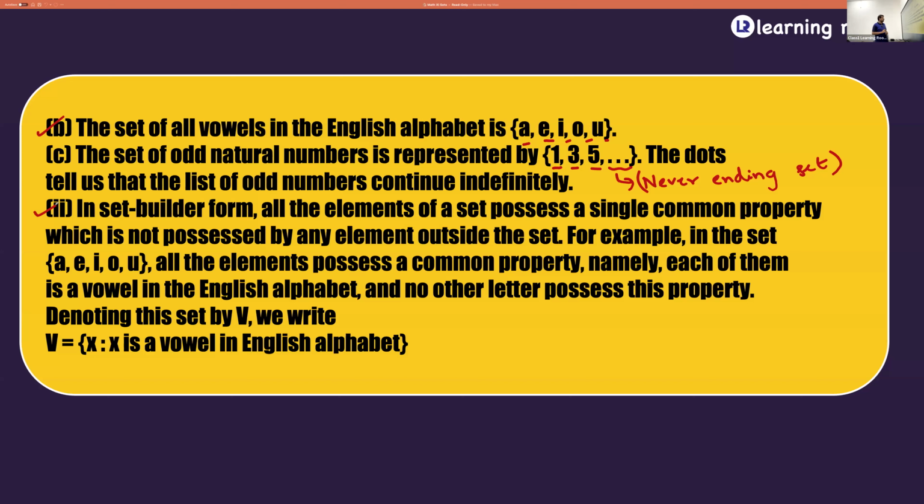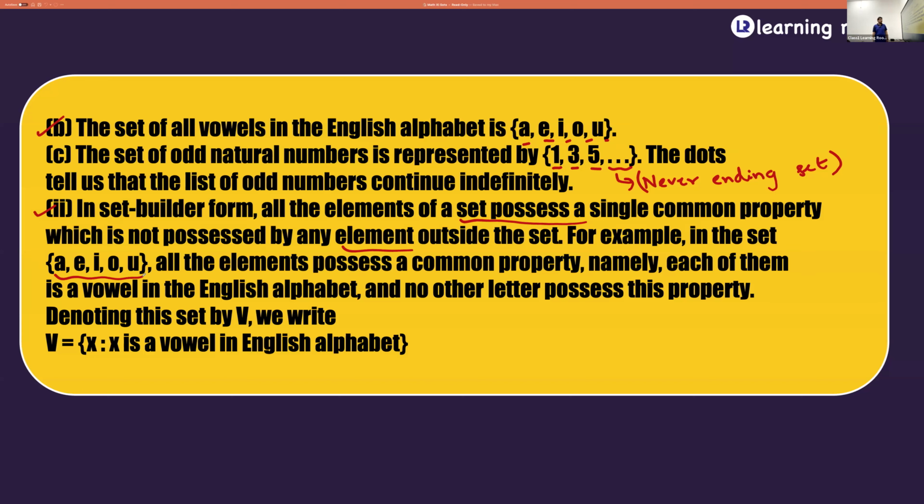In set builder form, all the elements of a set possess a single common property, which is not possessed by any element outside the set. For example, if I need to write this {A, E, I, O, U} in the set builder form, what am I supposed to do? What is the property they follow?